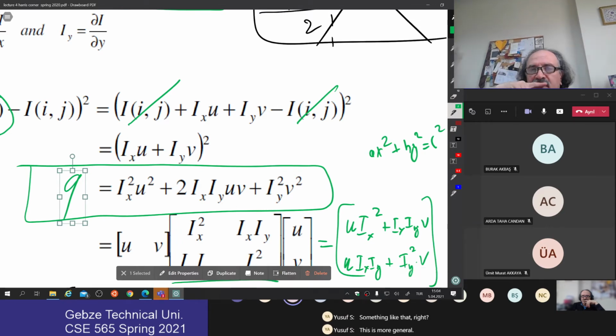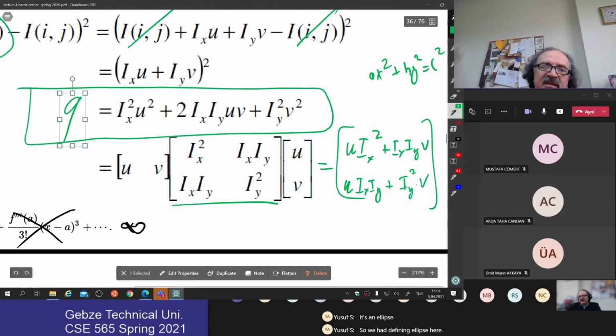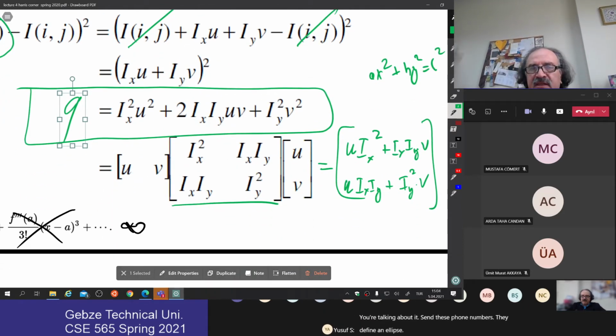No, I'm talking about the geometric structure. What kind of geometric structure is this? It's not a circle, but it's an ellipse, right? So we are defining an ellipse here, and these 4 numbers define an ellipse. So we will come back to this later.